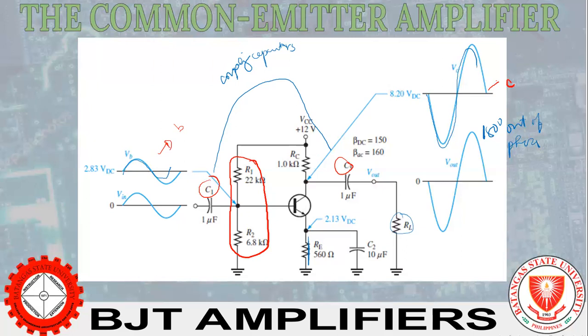So, of course, basta magbago yung ating input signals, yung AC base current natin o yung IB natin ay magbabago din. So, it also results in the collector current to change from its Q point value, quiescent point value natin.